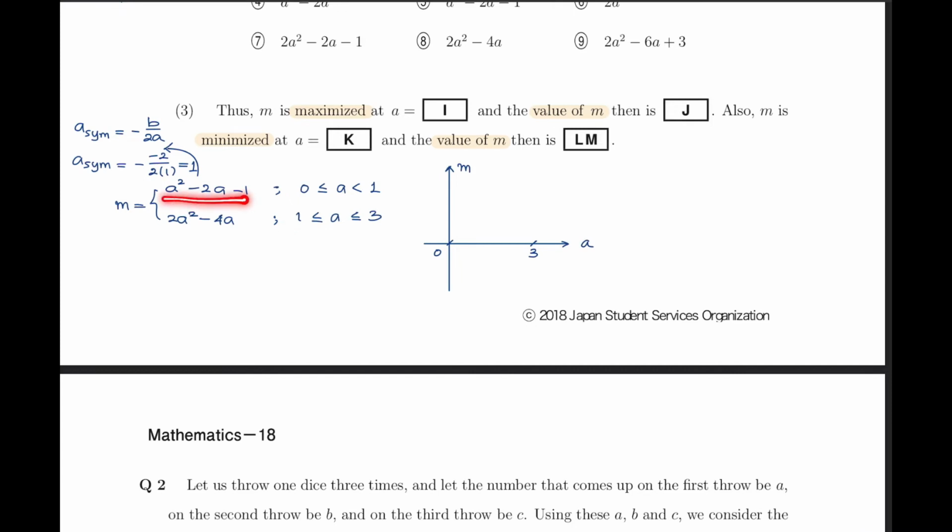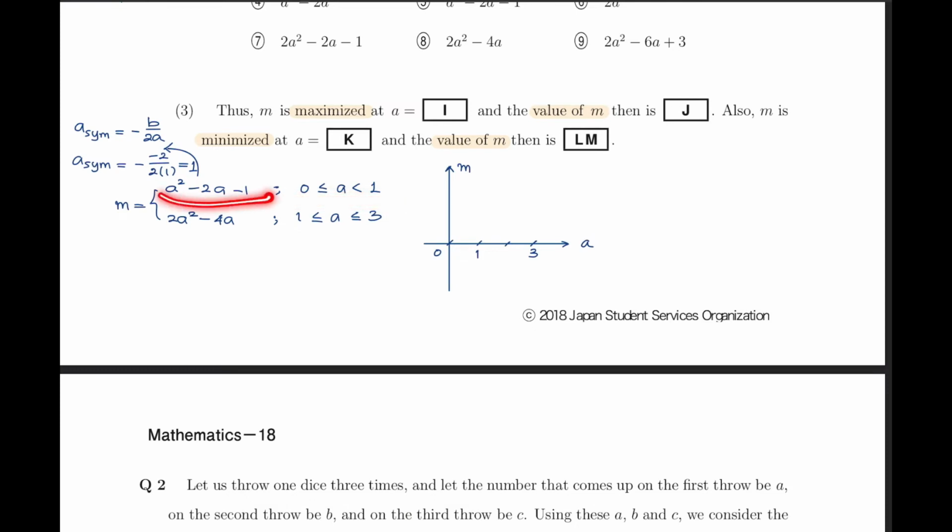So on the first curve that I want to draw, the lowest point is at a equals 1, which is outside our range of a. The lowest point is when a equals 1, but 1 is not included in the range.